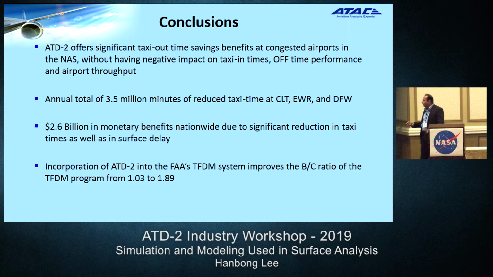And overall, all the benefits were around $2.6 billion in monetary terms. And as I said before, we estimate that it would improve the benefit cost ratio from 1.03 to 1.89.